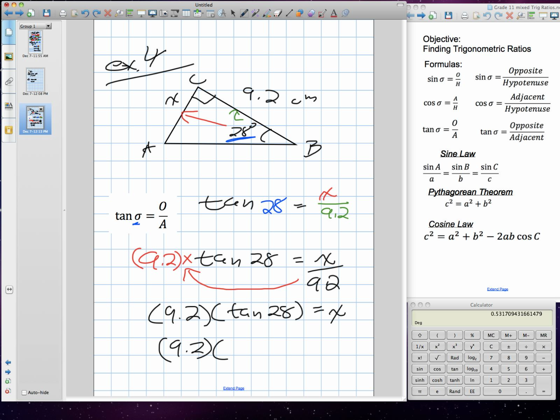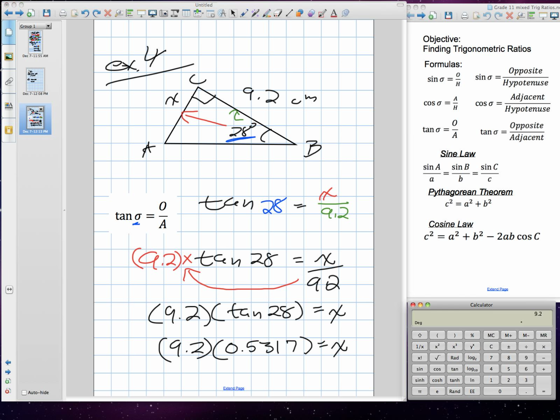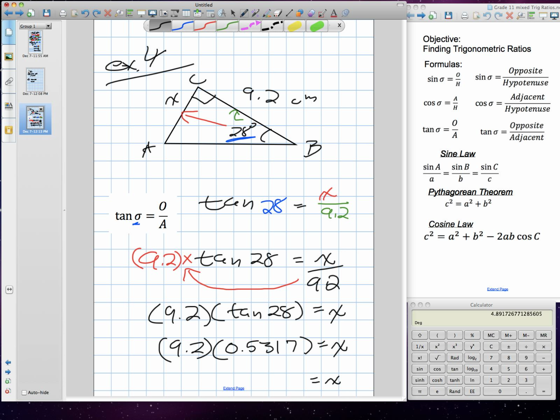Now, to be extremely accurate, instead of writing that whole number down, clearing my calculator, I'm going to keep that number in there, and then I'm going to multiply by 9.2. We get 4.89, let's say. So the other side of this triangle, x, is equal to 4.89 centimeters in length.